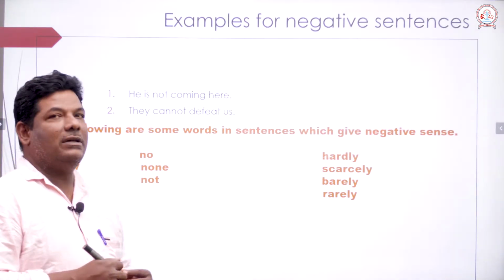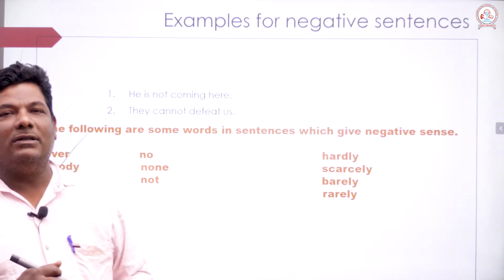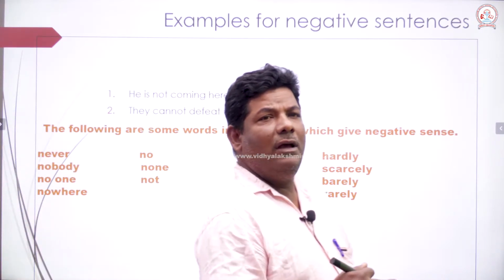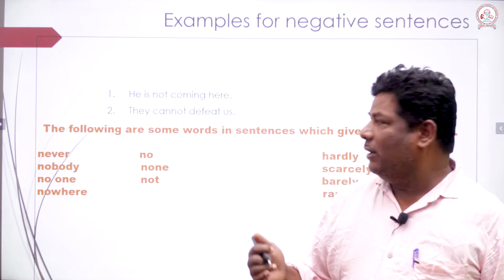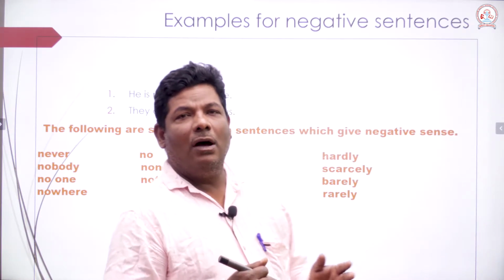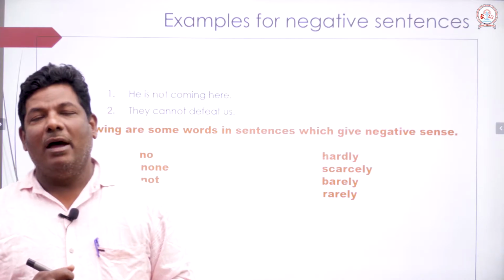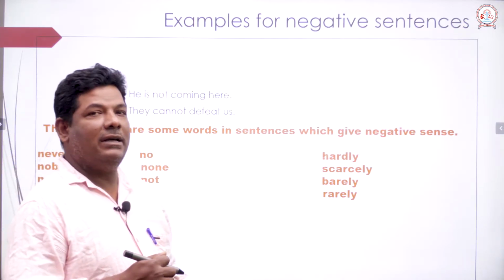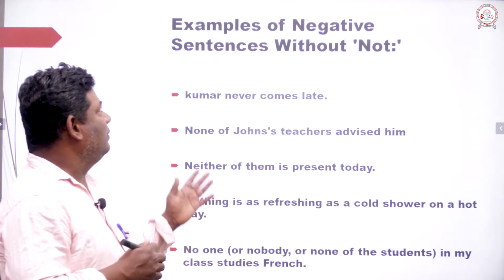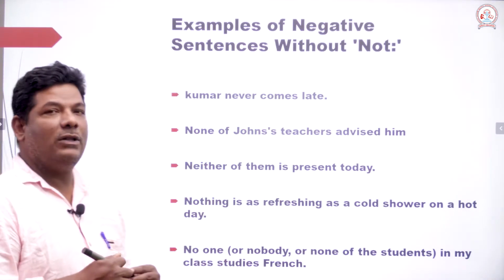Some sentences give a negative sense using words like never, nobody, no one, no way, no, none, and also hardly, scarcely, barely and rarely. These sentences take positive question tags. Here are a few more examples of negative sentences without not.